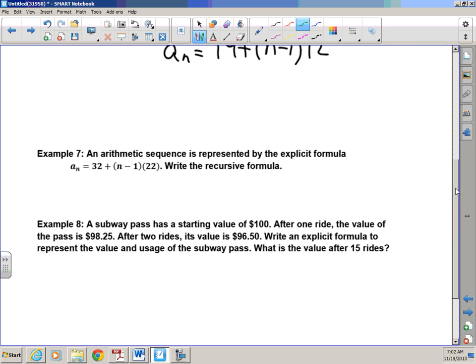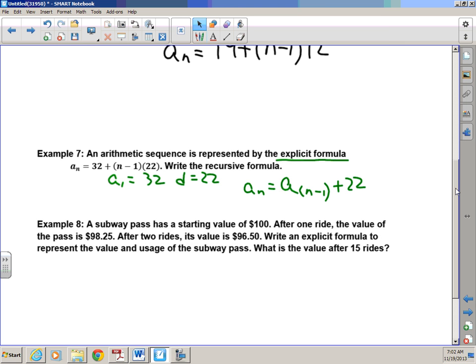Now I give you the explicit formula. The explicit formula tells you that A1 is 32 and that D is 22. The recursive formula is the number prior plus the common difference. It's as straightforward as that.